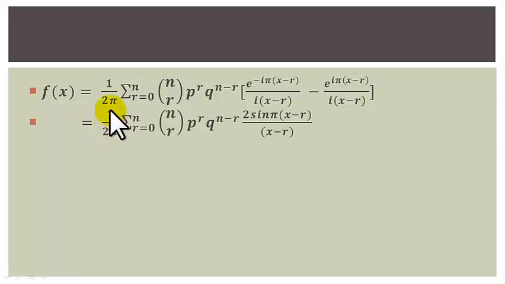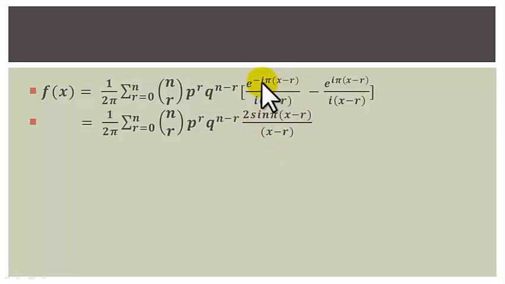And this is equal to 1 over 2 pi, summation r from 0 to n, combination r, p to power r, q to power n minus r, times, please note we can simplify the expression inside the square bracket here to obtain 2 sine pi into x minus r all over x minus r.